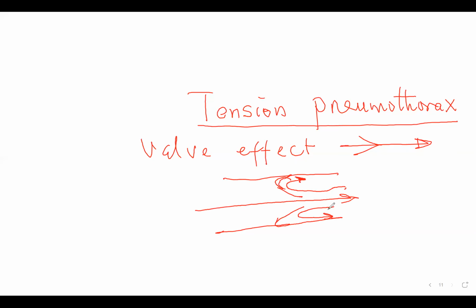Now, usually when a patient sustains such an injury, the affected lung will tend to collapse gradually because the pleural space of the affected side will be accumulating a lot of air, compressing the lung and shifting the mediastinum to the contralateral side.